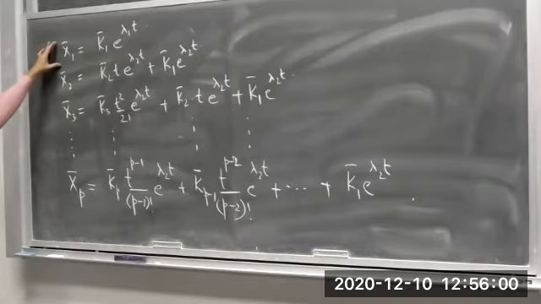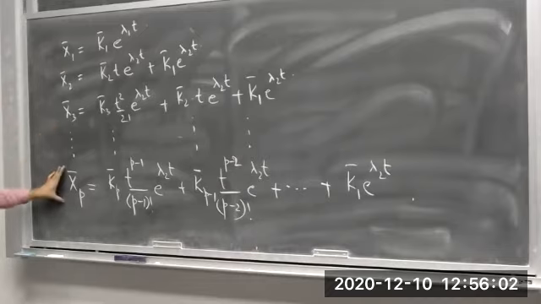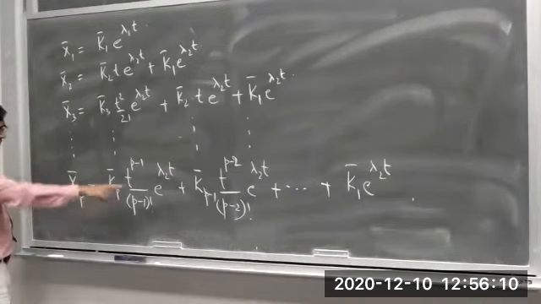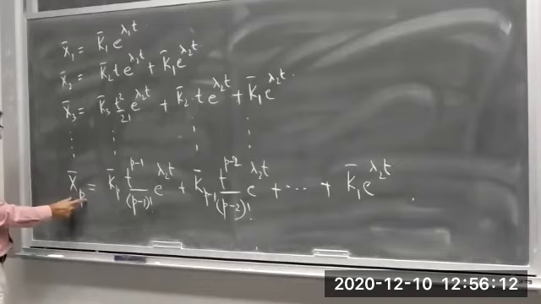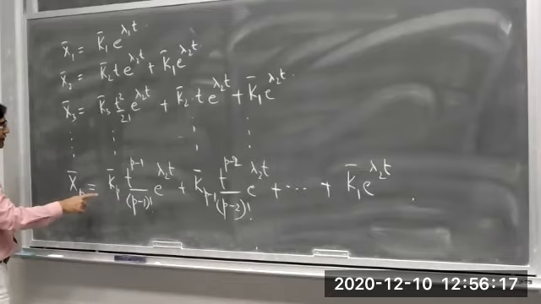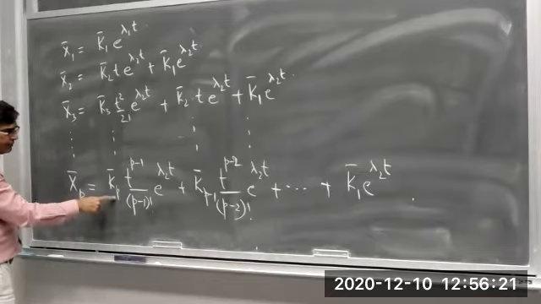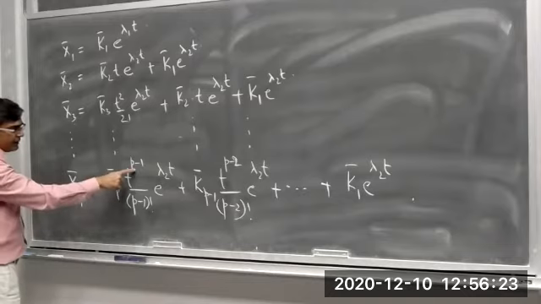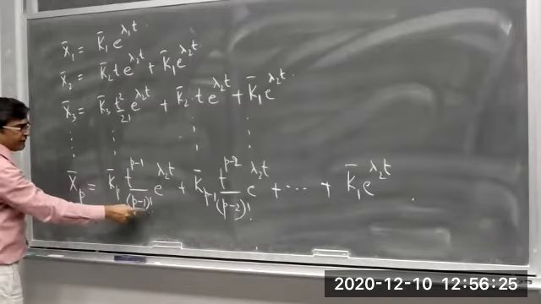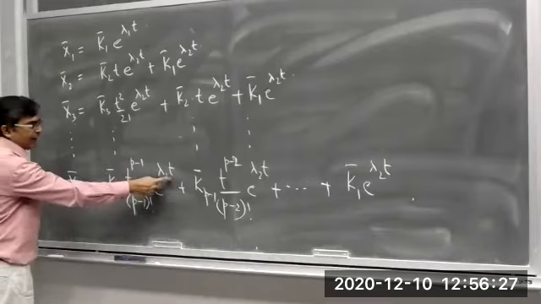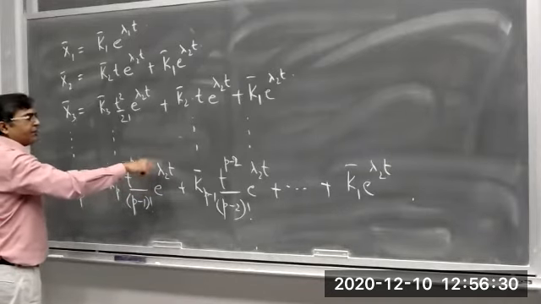Okay, this is for x1, x2, x3, and so on up to xp, if the eigenvalue is repeated p times. तो यहाँ पे देखें किस तरह का फॉर्मूला है. अगर आपने सॉल्यूशन लिखना है for the second eigenvector या in general pth eigenvector, तो pth eigenvector आएगा, t power p minus 1 divided by p minus 1 factorial e raised to the power lambda, the eigenvalue which is being repeated.